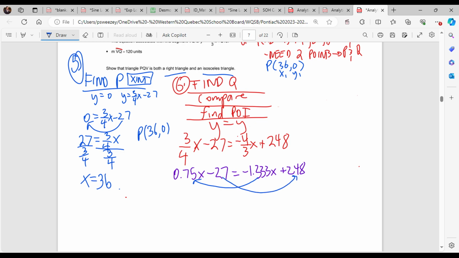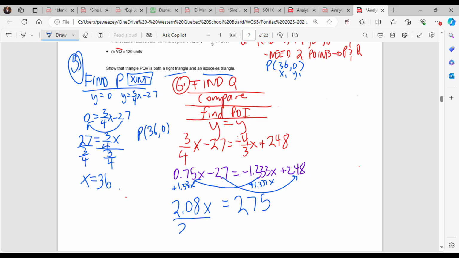Integers combined, right? When I subtract the negative 1.33x, I'll be adding 1.333x to both sides, which gives you a funky number. If you're not careful, 2.08x is equal to, bring these guys over, 275.